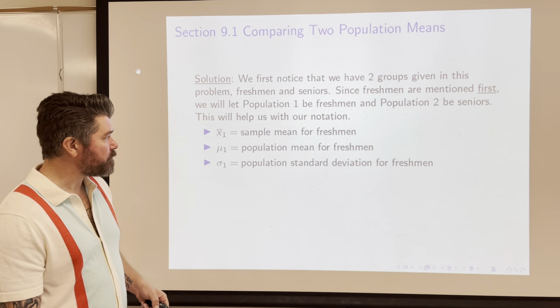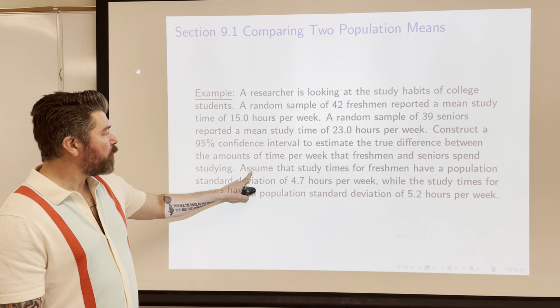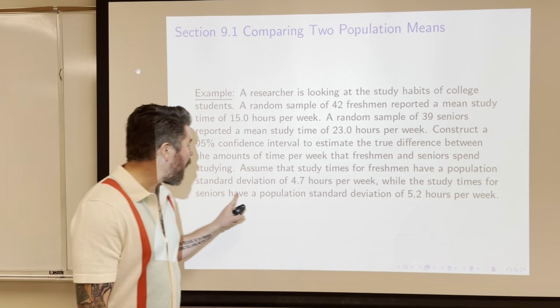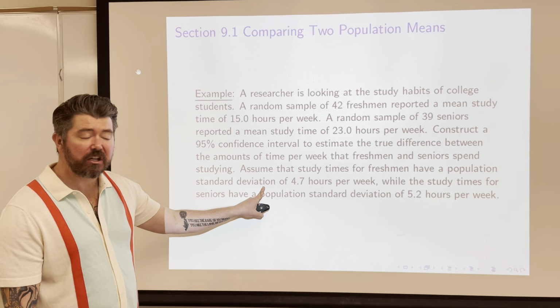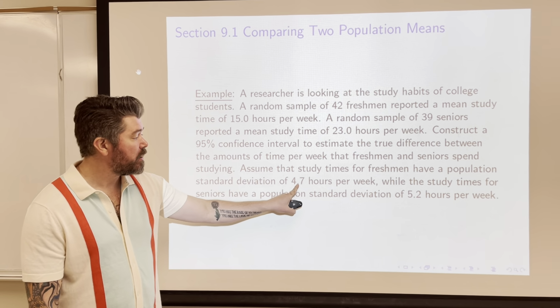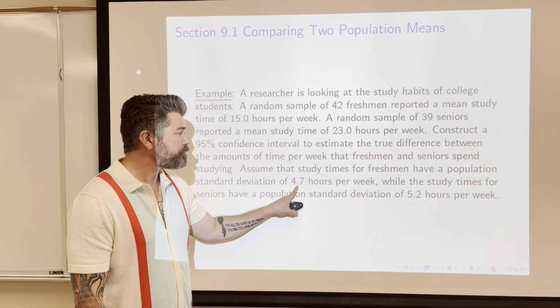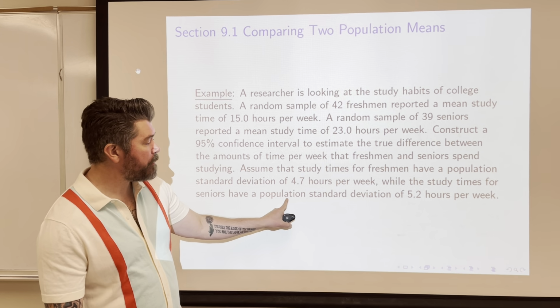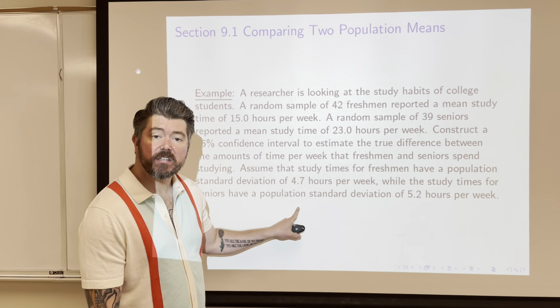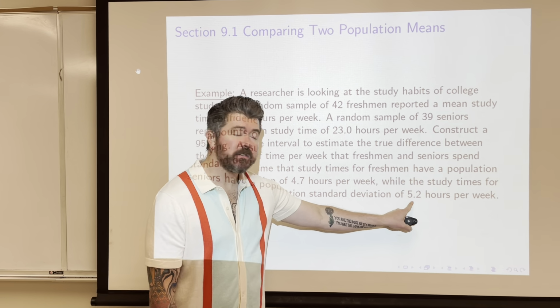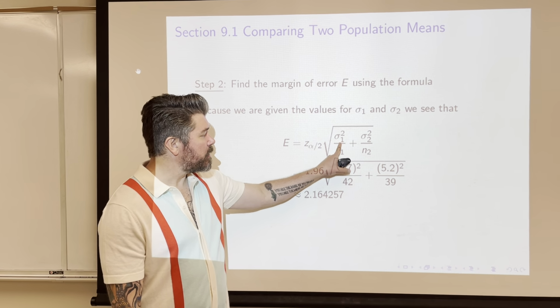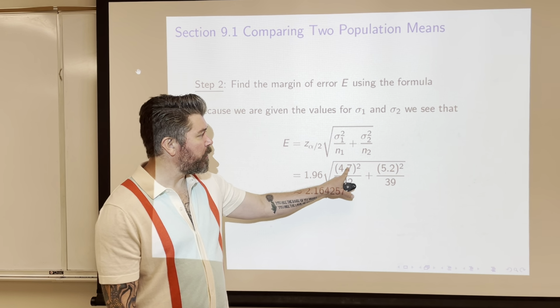Now also in the problem, we're saying assume for freshmen, the population standard deviation, this is our sigma 1, is 4.7. And furthermore, for seniors, our population standard deviation, this is our sigma 2, is 5.2. So sigma 1 is 4.7, sigma 2 is 5.2.